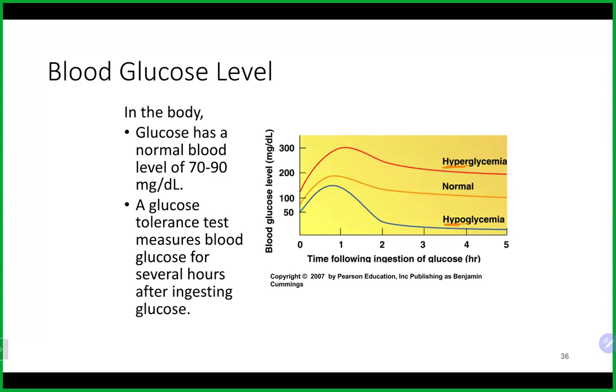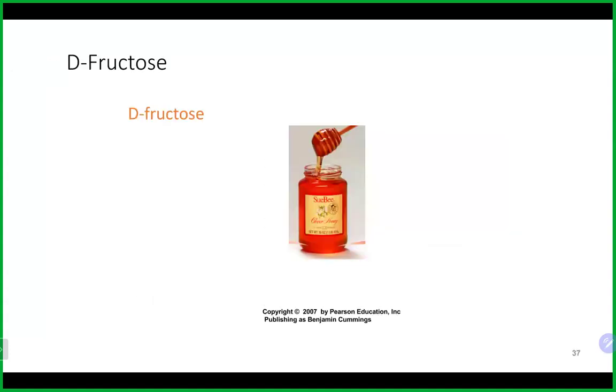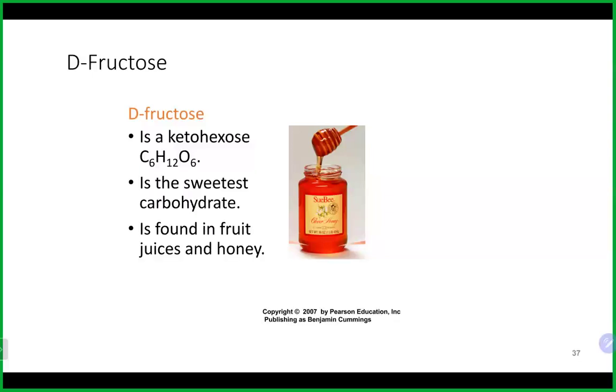Hypo means less than, so you would have less. If you take a blood test, it often wants you not to eat anything, so you don't have the chocolate chip cookie or the candy bar right before and your glucose levels shoot up. To get a good reading, you usually want to fast for a good amount of time before you do that.